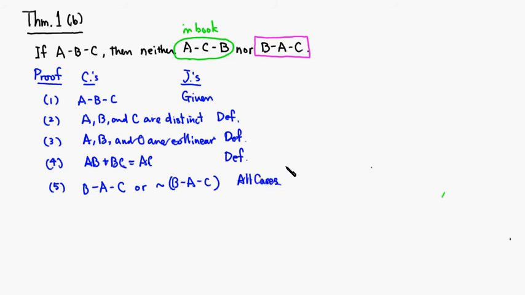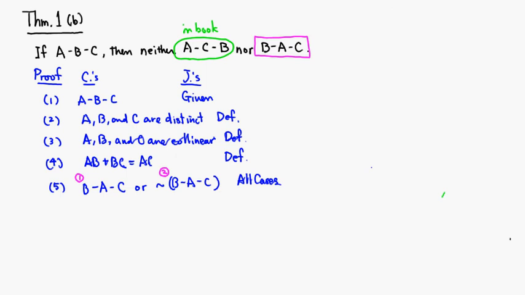Let's pick the first case. This is our case number 1. This is case number 2. Because we want to establish that case number 2 is true, we'll try to eliminate case number 1.